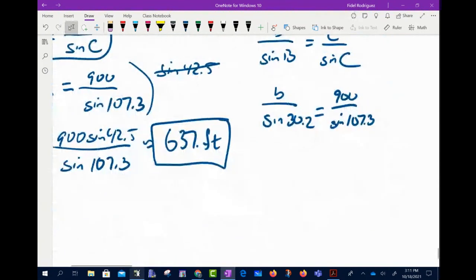And just like we did before, I'm going to multiply by the sine of 30.2 so that I can cancel that part there.